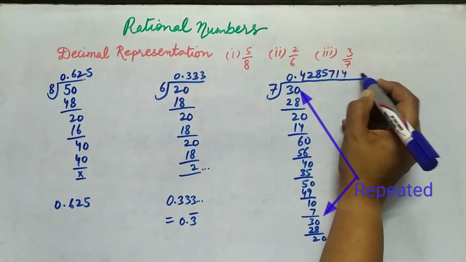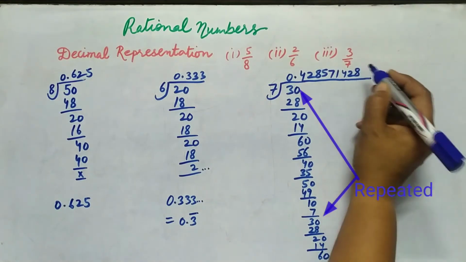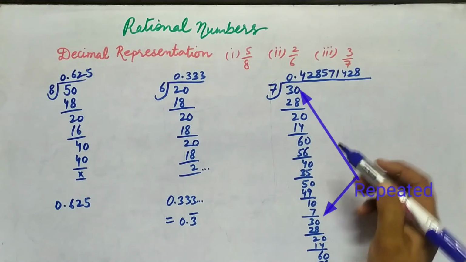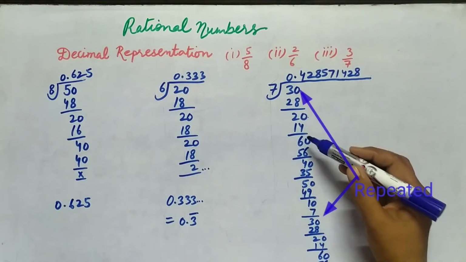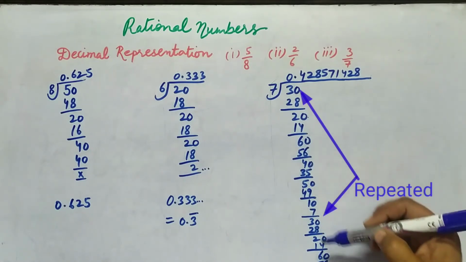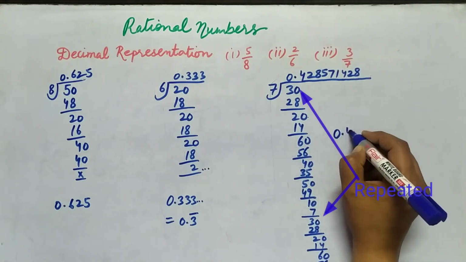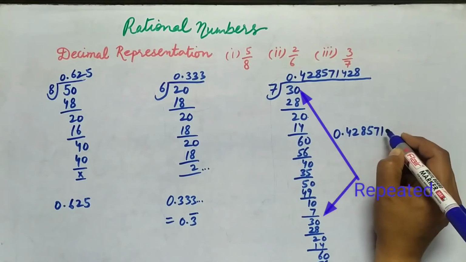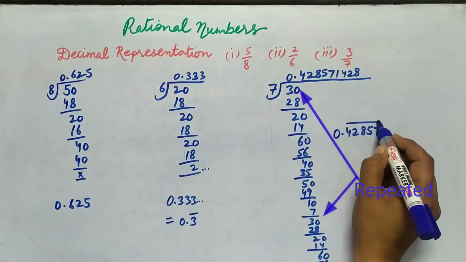Then 7 2s are 14. 6 0. 7 8s are 56. 4 and so on, and from here it repeats: 20, 20, 60, 60, 40 and so on. Means here the answer is 0.428571. Again 4285 means repeated like this.